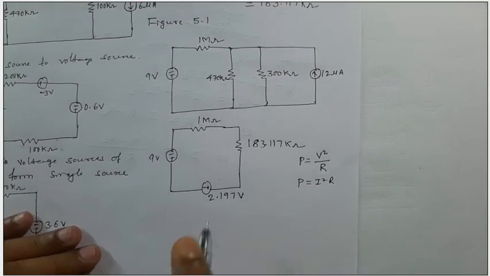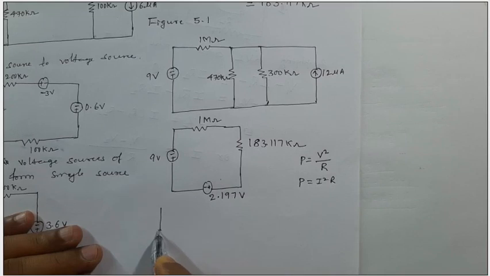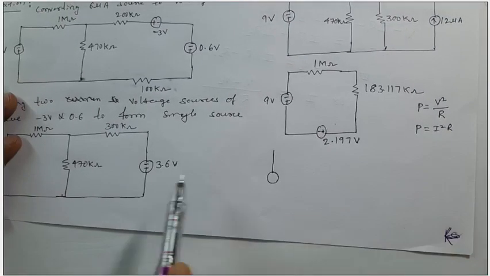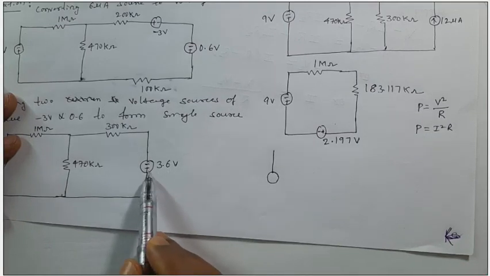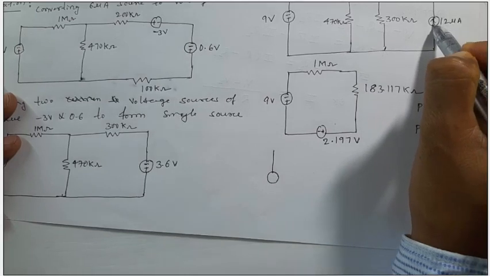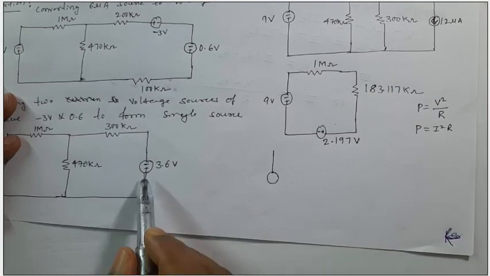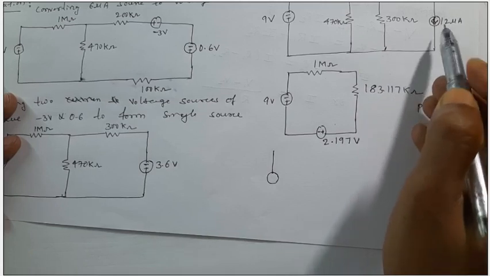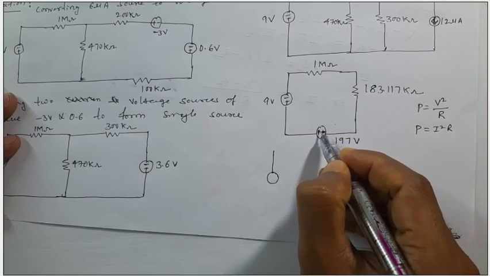Okay, so what we do, these two voltage sources are in series, will get a single voltage source. Dear students, here you can see 3.6 volts, which is minus plus. Here this current direction will not be upward, instead it will be downward. Okay, let me correct it, because it is minus plus, the current direction of 12 microampere will be downward. Because of this, this will be plus and this is minus.